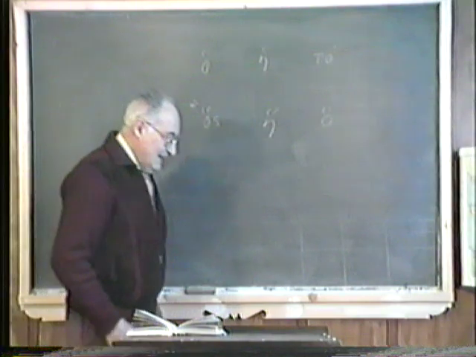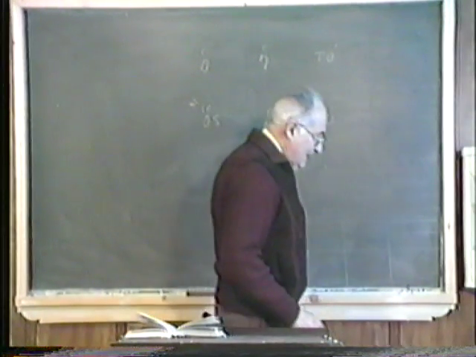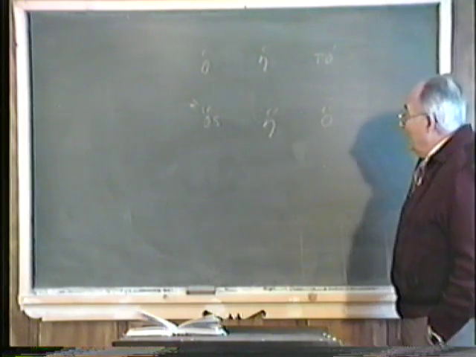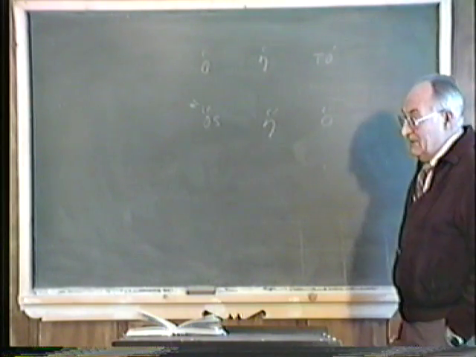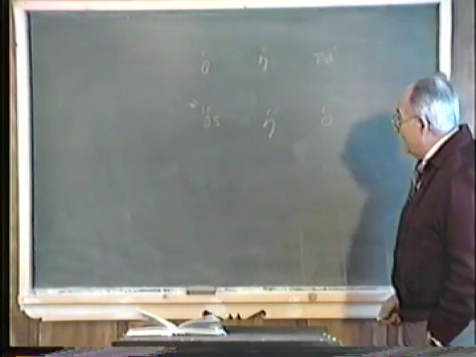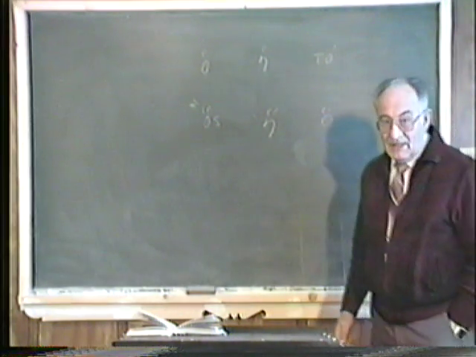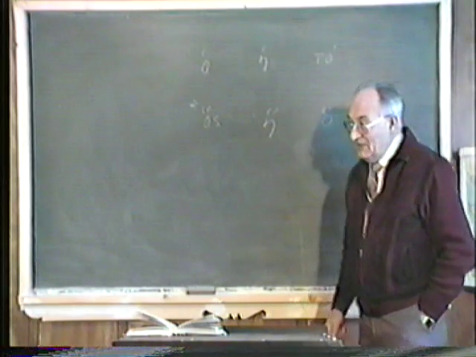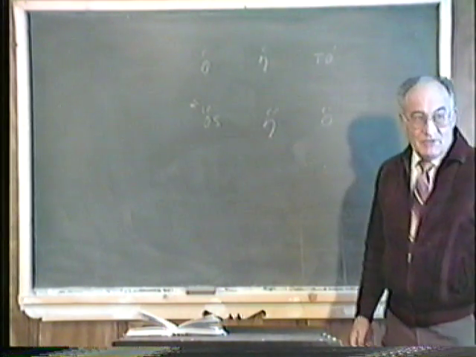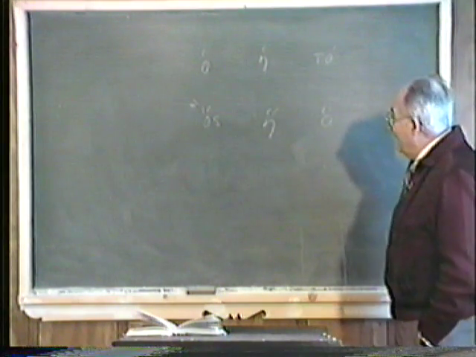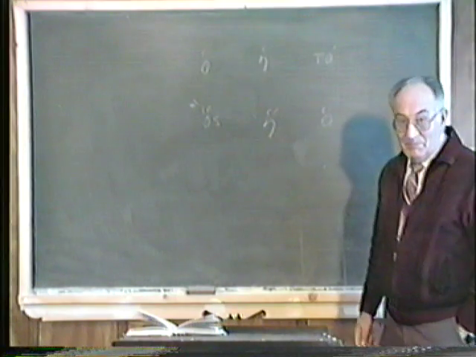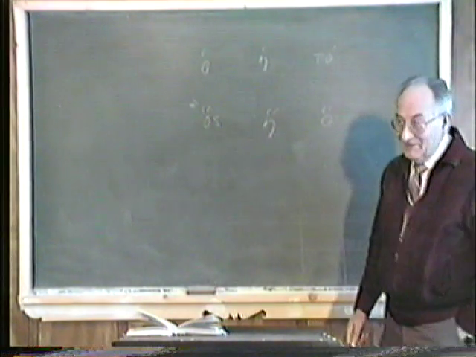Now then, I put on the final exam one year the exercise, give me the declension of the article, give me the declension of the relative pronoun. And I was surprised because I got just a mixed up bag of chips.